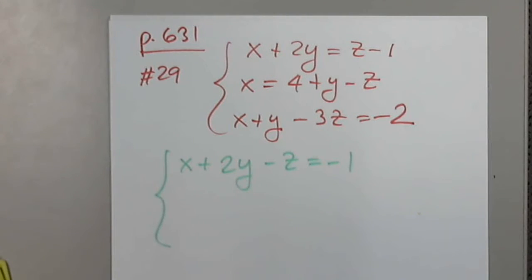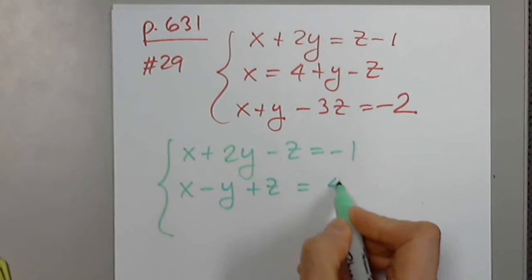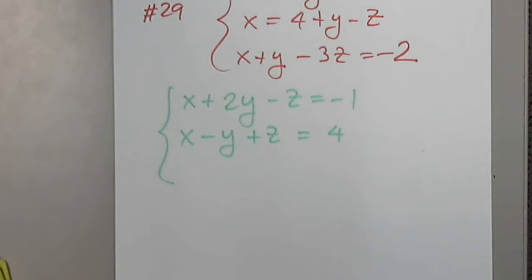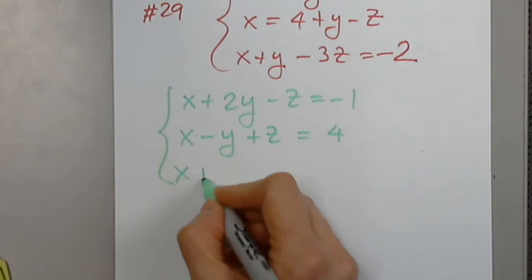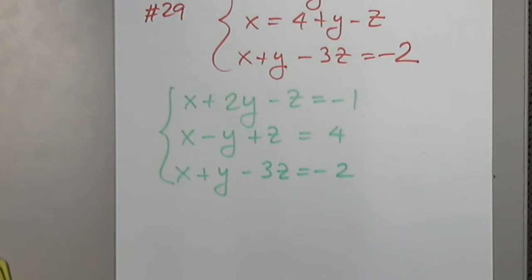I can't work with variables all over the place. They have to be in the correct order. Good. Second equation, please. X minus y. Awesome. So now the second equation is correctly arranged. X below x, y below y, z below z, equal symbol below equal symbol, and the free term. Very good. The last one is okay. Good.